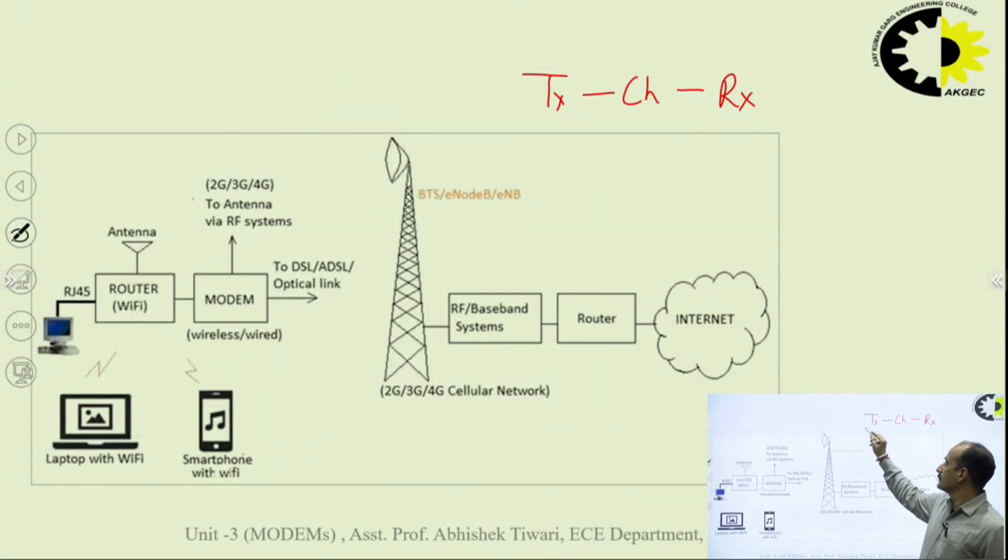Basically, the transmitter takes the information coming from the sensor and sends it in the form of EM waves or through a wired channel.